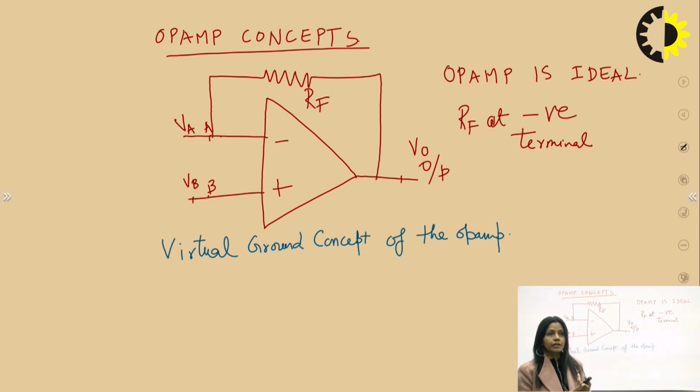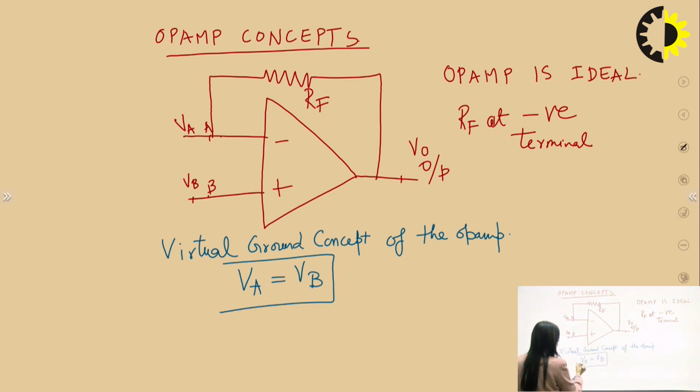Second one is RF at negative terminal, and third condition is virtual ground concept. So before starting the numerical, we have to apply the virtual ground concept of the Opamp, right? So according to this concept, the A point potential VA is equal to the B point potential, that is VA is equal to VB. That means this terminal potential is equal to this terminal potential.